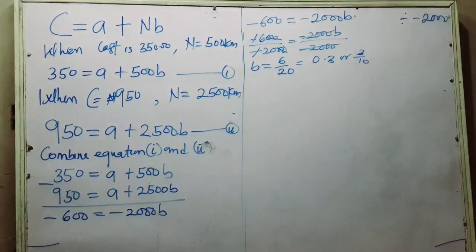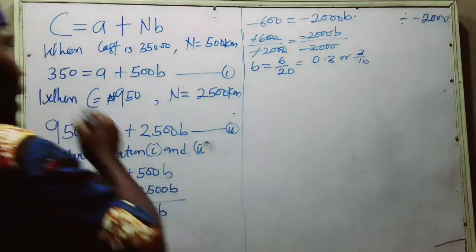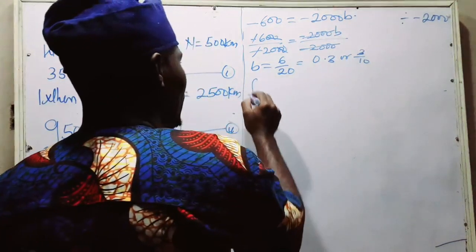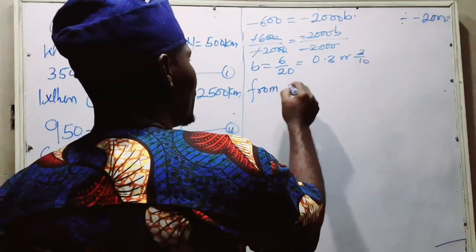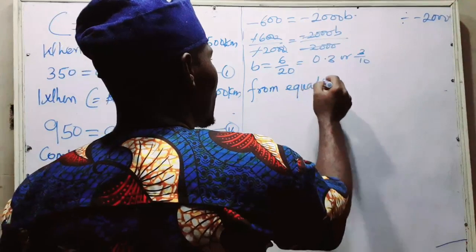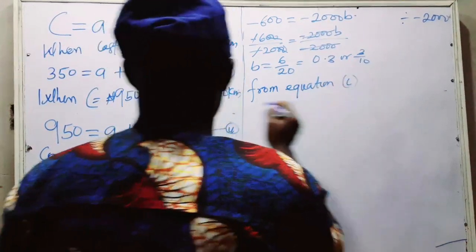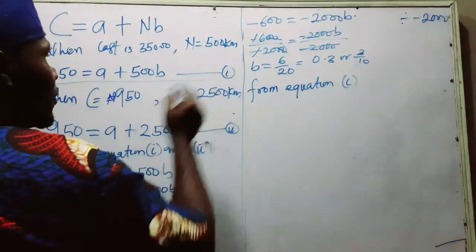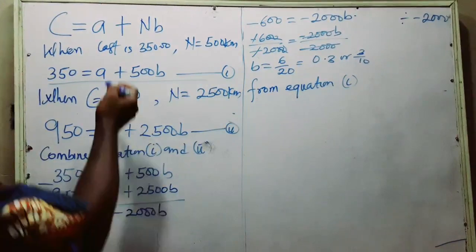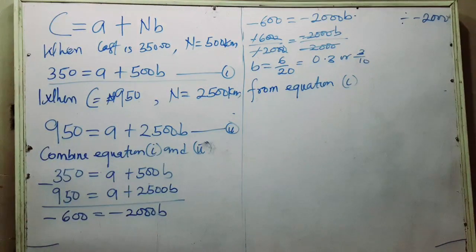So let's apply the value of B into the first equation, and let's see what our value will be. From equation 1, you can pick either from equation 1 or equation 2.